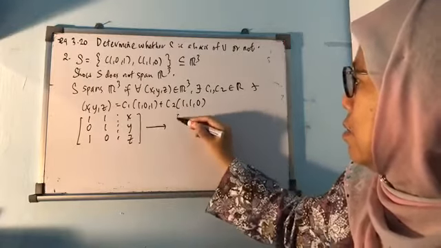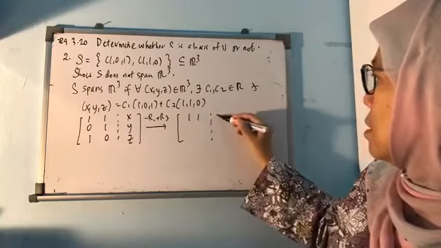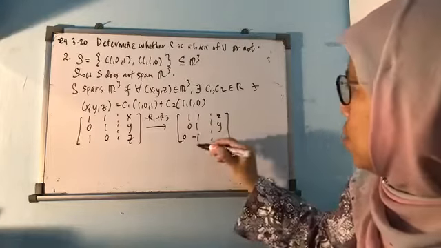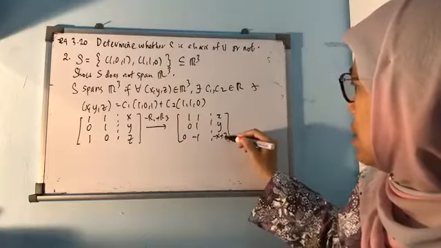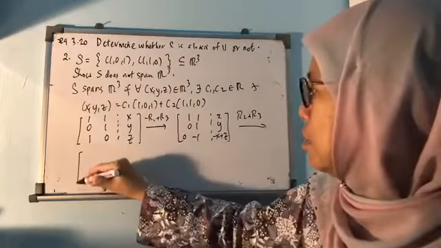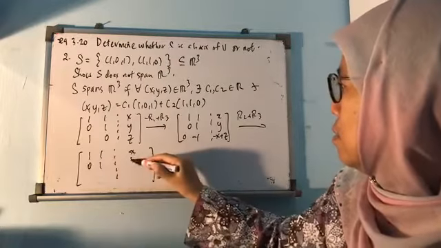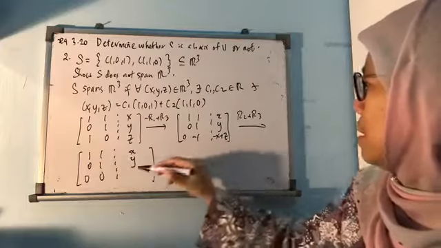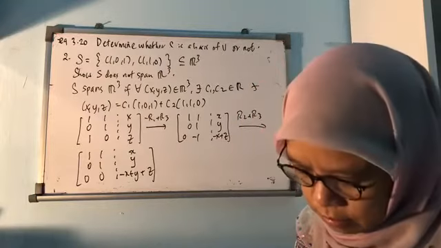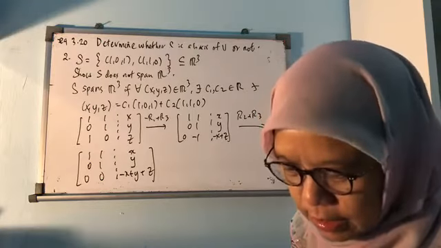Then you can do negative R1 plus R3, get 1, 1, x; 0, 1, y; 0, negative 1, negative x plus z. One more, R2 plus R3, then you will get 1, 1, x; 0, 1, y; 0, 0, negative x plus y plus z. It's also in the book.